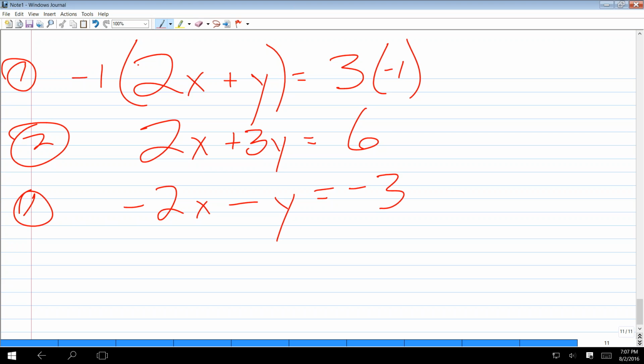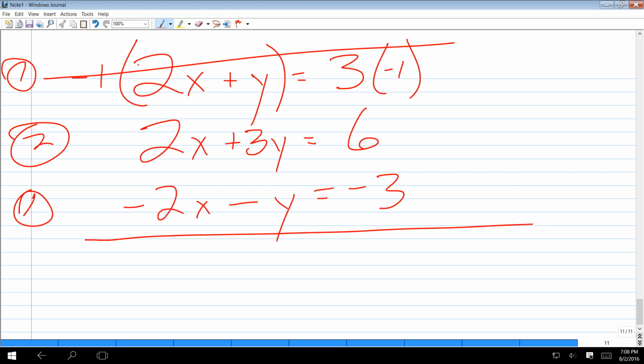Now, I'll cross this out and deal with equation 2 and 1. I've changed equation 1, but I haven't really changed it. It's still the same. So I can now add these two things together and eliminate x.